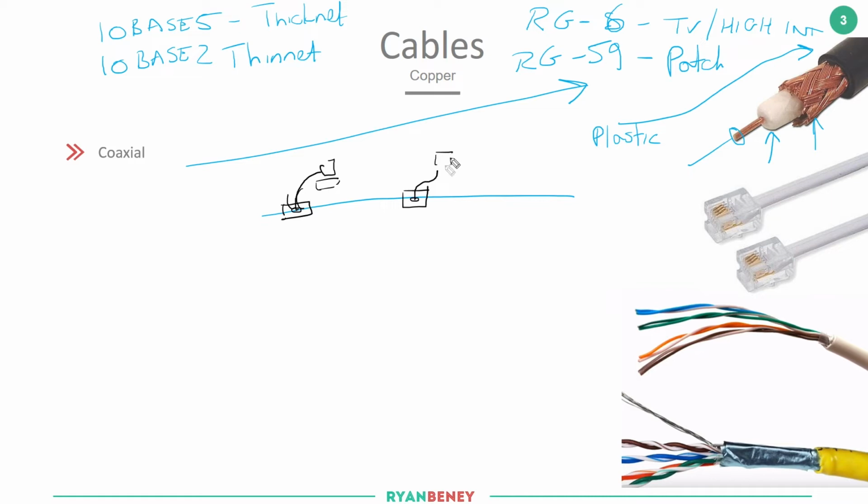And this would be the old way of configuring an Ethernet network, because Ethernet would run through this copper or this coax cable, and Ethernet would be the layer 2 protocol used.